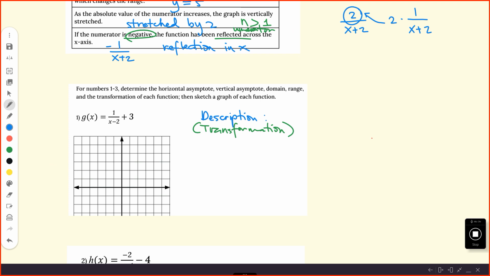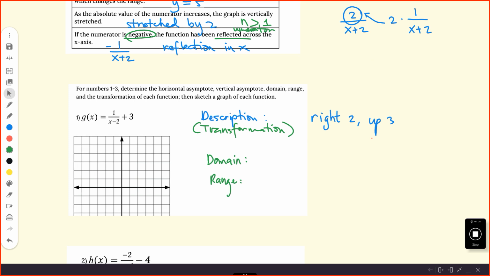Okay. Now, can you give me one transformation in this function? 1 over x minus 2 plus 3. Yes, Ivy? That it's going to the right 2. Right 2. Up 3. And up 3. Okay, thank you. Right 2, up 3. All right. And then we're done with the transformation or description. Then we're going to write our domain, range, and the 2 asymptotes.